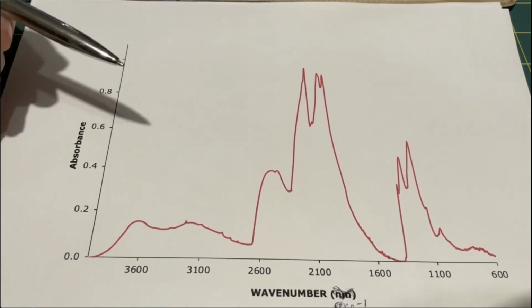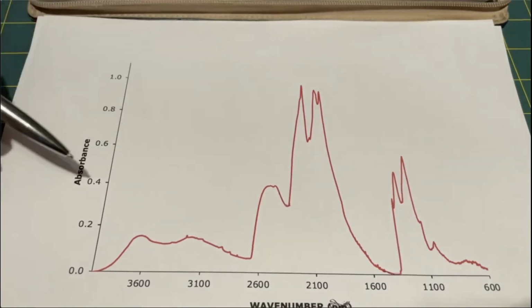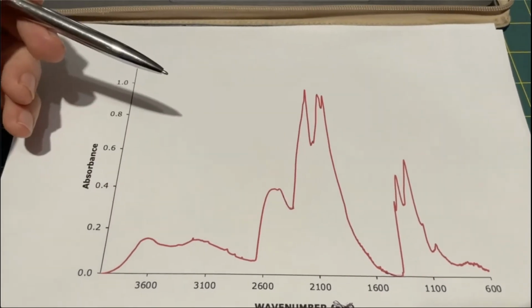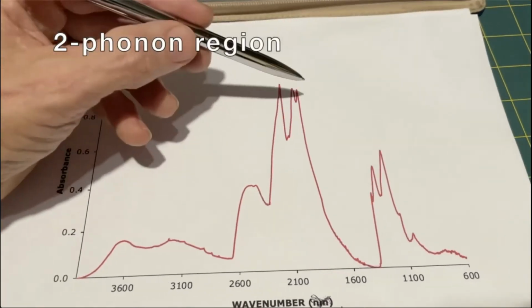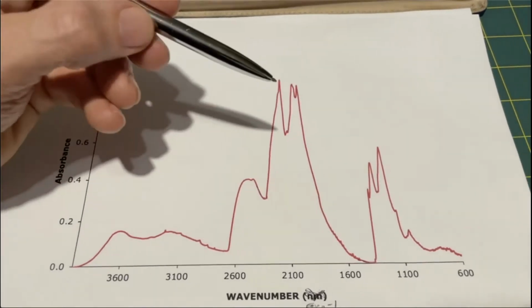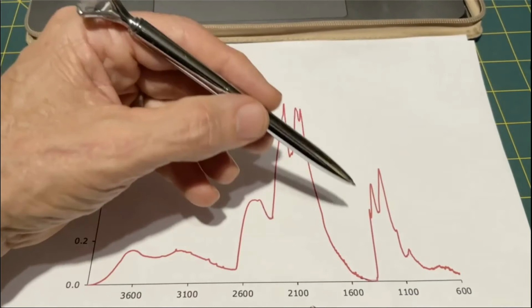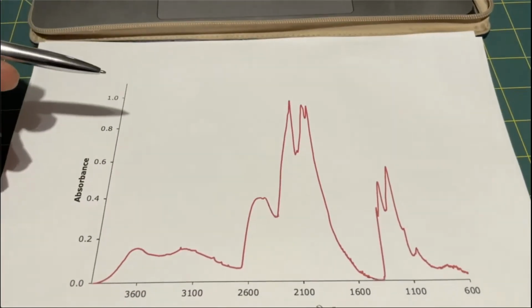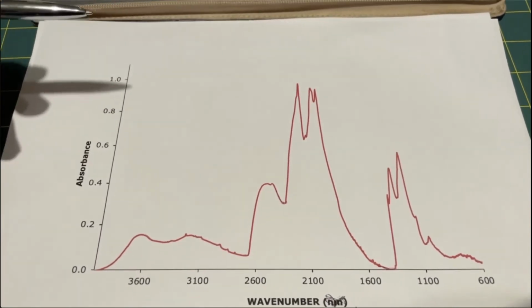And there are a few features there. There are these main absorption peaks here, which are characteristic of diamond. So they'll all have this peak structure with diamond. And in this area here, known as the one phonon region, this is where nitrogen absorption seems to happen, with A centers, B centers and the like.